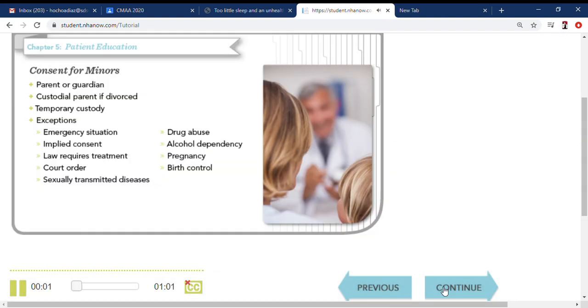When a patient is a minor, you must obtain consent for surgery or treatment from a parent or guardian, except in an emergency situation. If the parents are legally separated or divorced, then consent must come from the custodial parent. If the child is visiting the other parent, you can obtain consent from that parent because that parent has temporary custody.